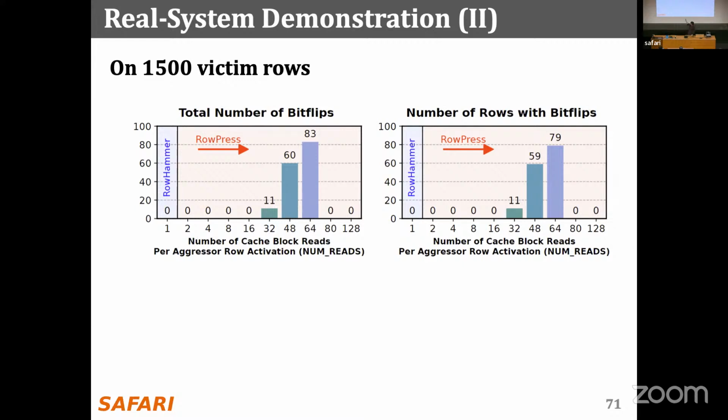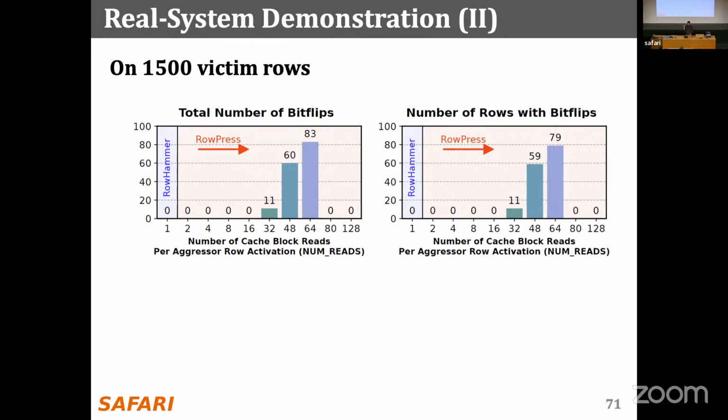We see that the more you access in the same row, the longer you keep the row open, the more Bitflips you will see. In this example, we see a significant increase from 32 accesses to 64 accesses, but then we don't see any further Bitflips if we go beyond 64.